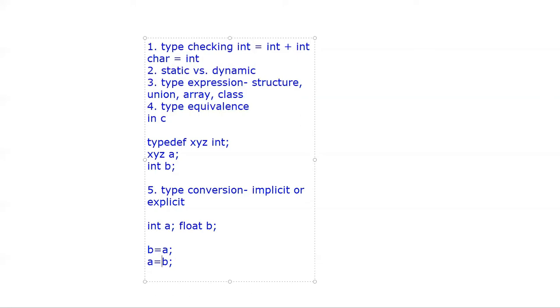Suppose your language supports explicit type conversion. If we talk about the C language, it supports explicit type conversion. So what we are doing, we are converting a at static time as a float, and this is going to be stored into b, so there is no problem. Now it is type compatible.